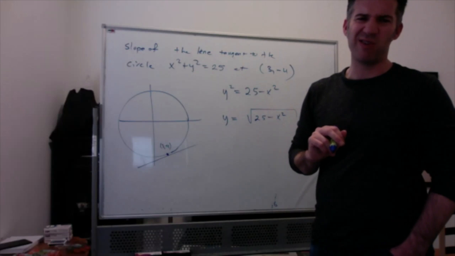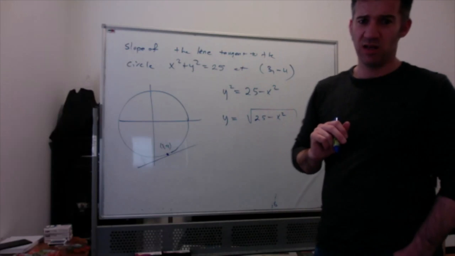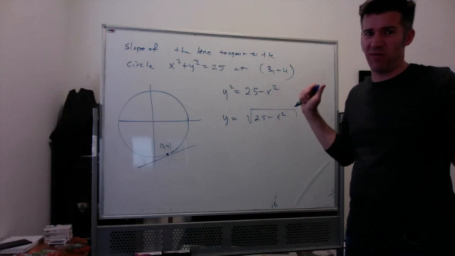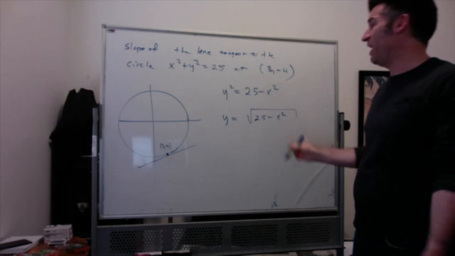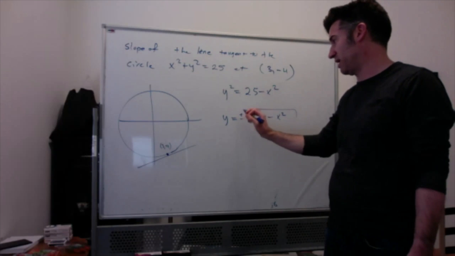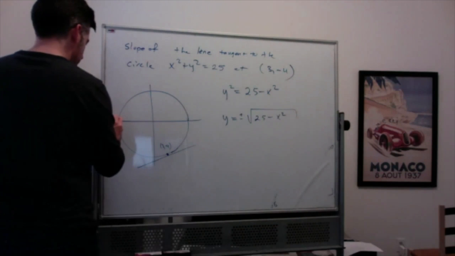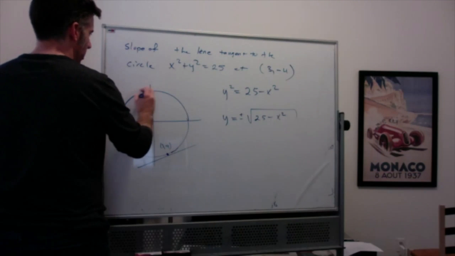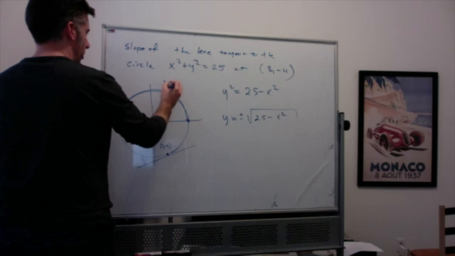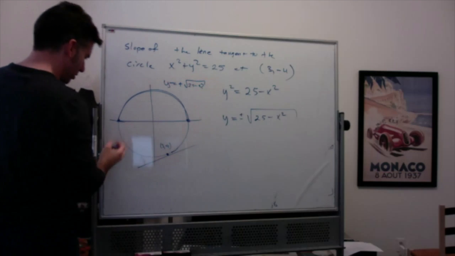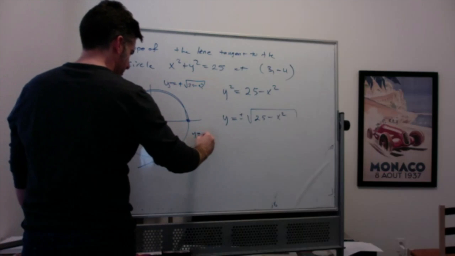Well, not really, actually. One of the problems with solving for y here is that you have to be more careful than I really like to be. Y is actually the plus or minus square root of 25 minus x squared. This top part is the plus part, and this bottom part here is the minus part.